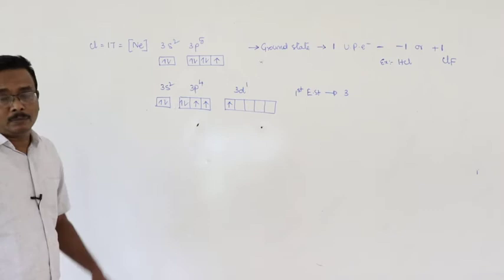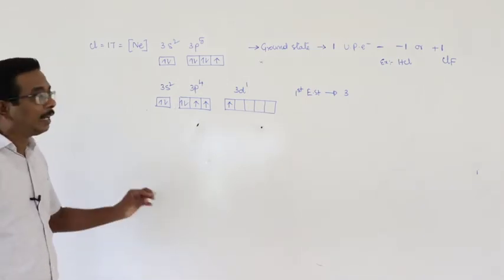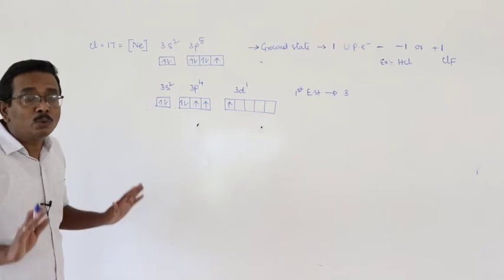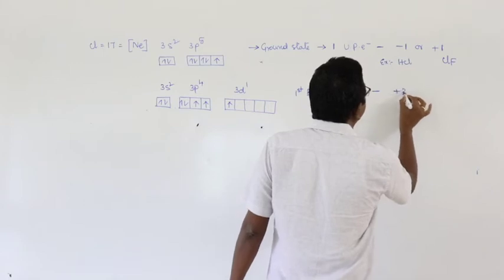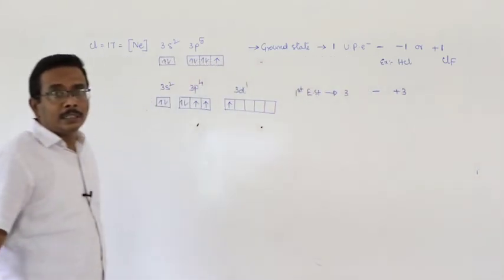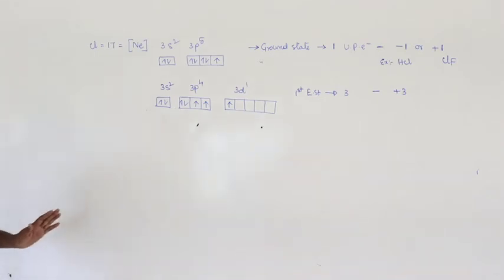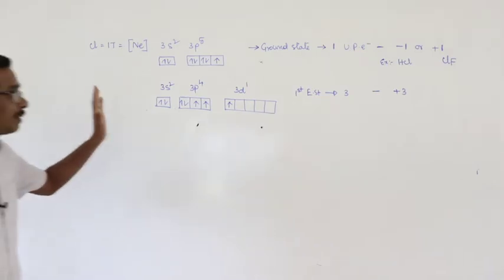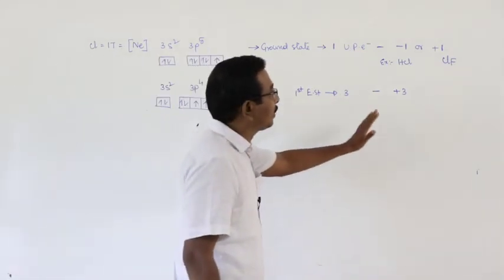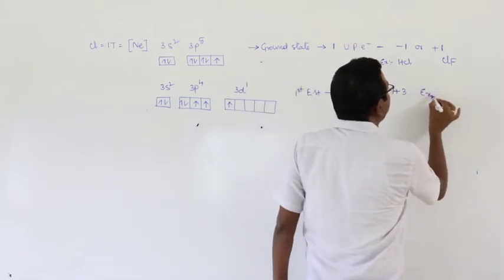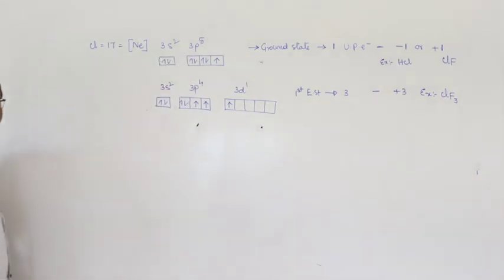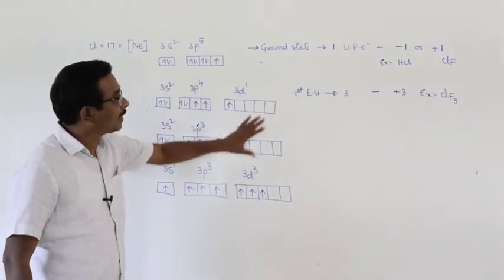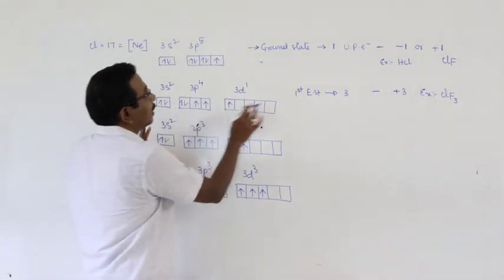Whatever the atom may be, in the first excited state of chlorine, 3 unpaired electrons are available.